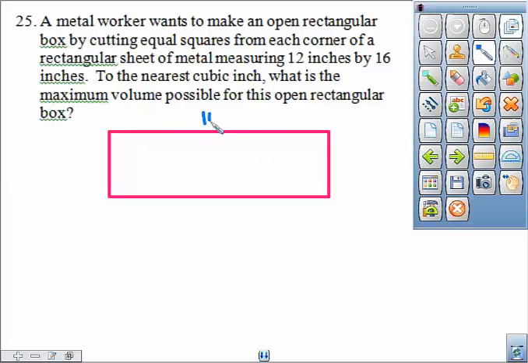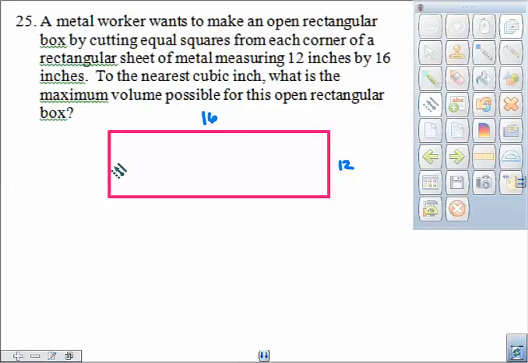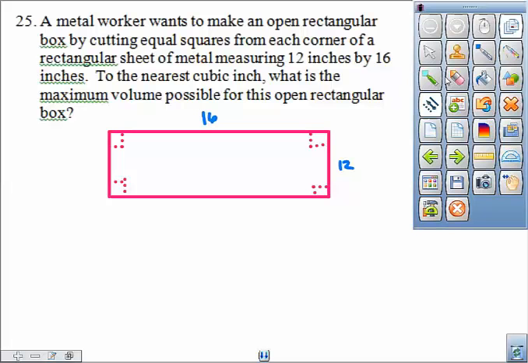Initially this is 16 by 12, but they're going to cut each corner. They told us these are even squares. Mine may not look like it, just pretend. They're cutting these squares off each side so they can fold those sides up and it's a box with no top.